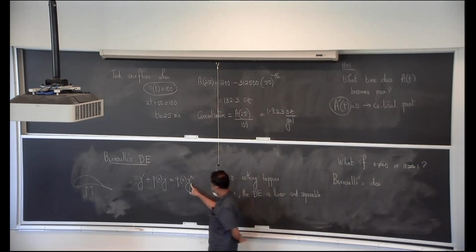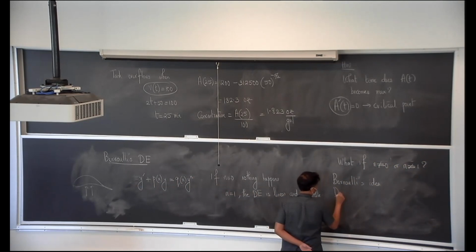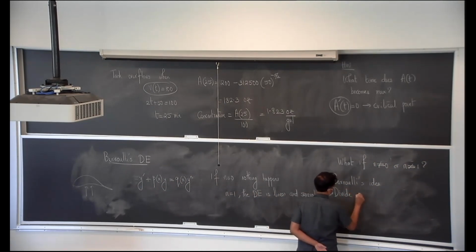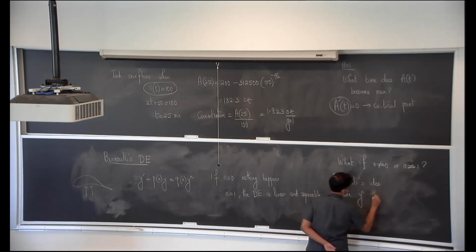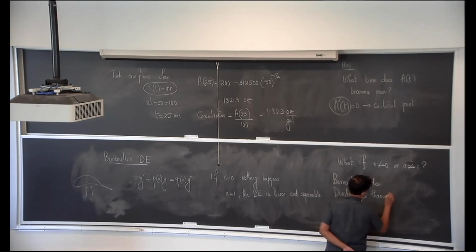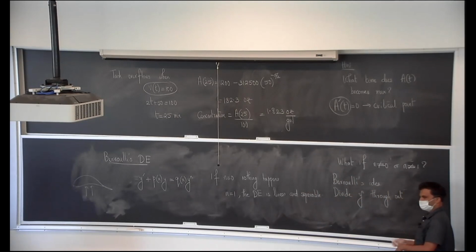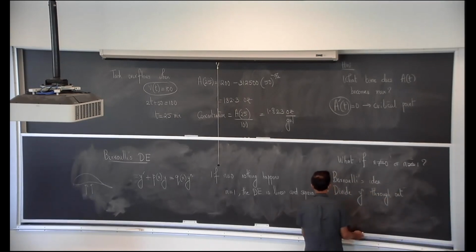Divide y to the power of n throughout this equation. Now, at first look, that might look like a bad idea because you're creating a negative exponent sometimes, but let's see what he wants to do.